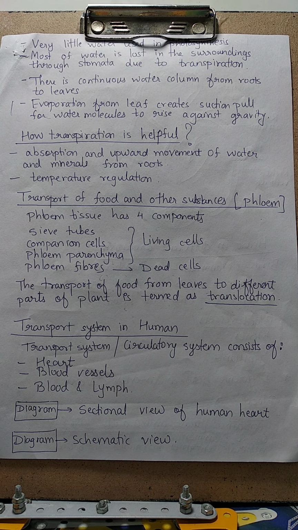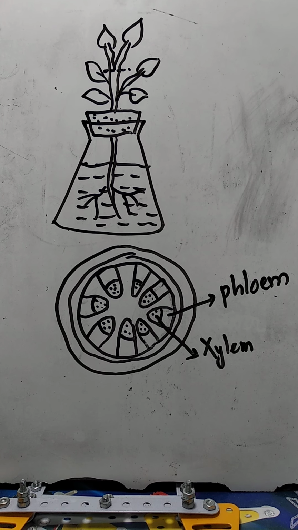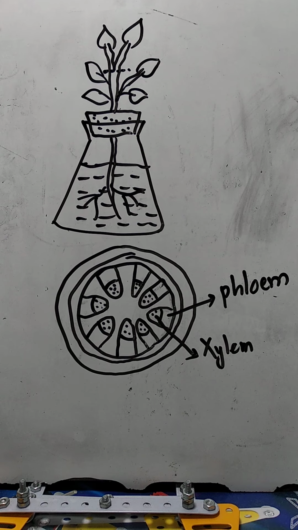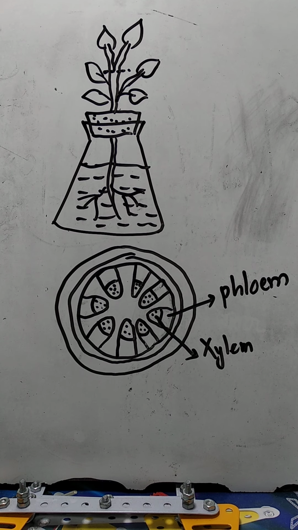In short, we can say that the material is translocated from higher concentration or higher osmotic pressure areas to lower osmotic pressure areas. Now there is one activity through which we have to show that phloem transports food prepared by the leaves. So let's see the arrangement first.